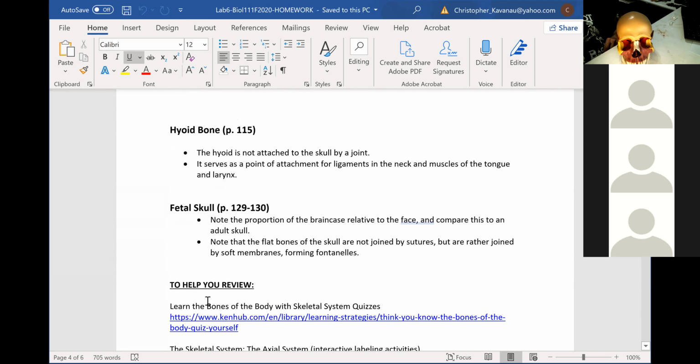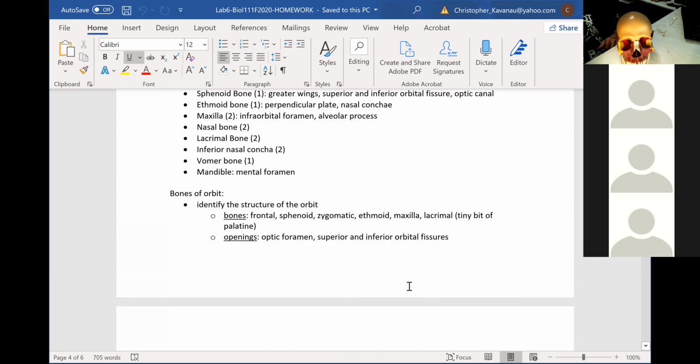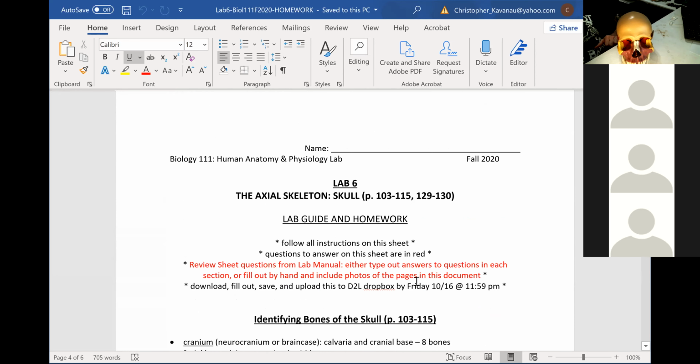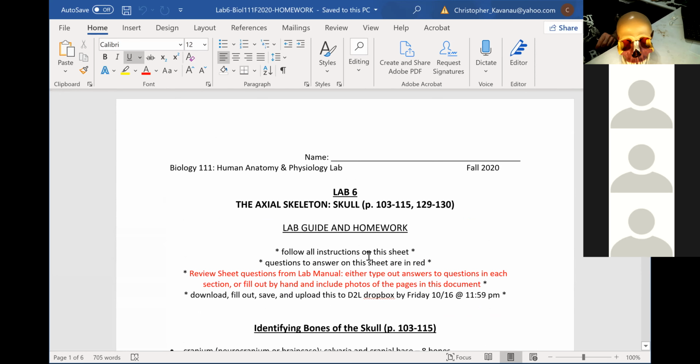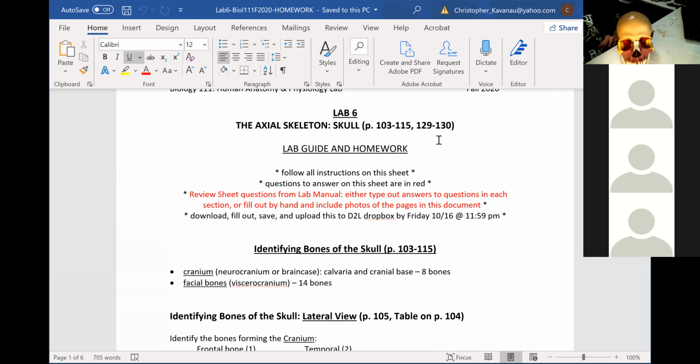All right. So let me get back to the beginning here. So basically, when you go through the homework here, you want to have your lab manual handy because all these page numbers refer to the lab manual. And you want to identify the structures, which we've already done.